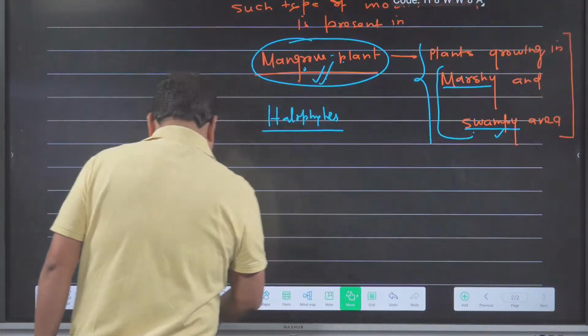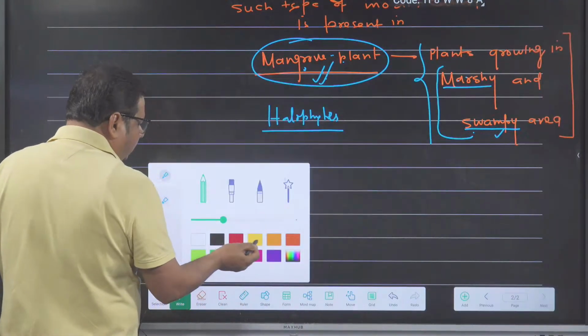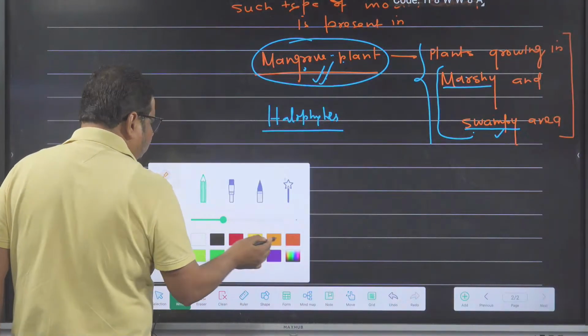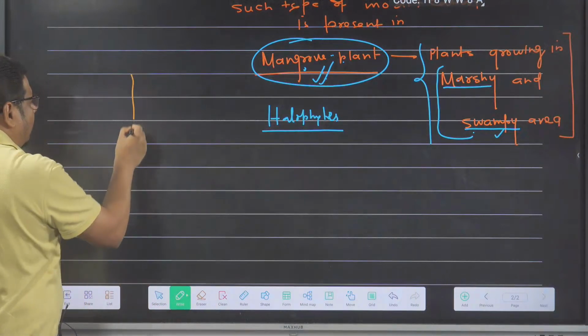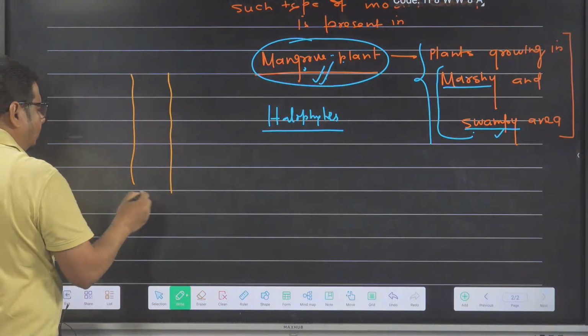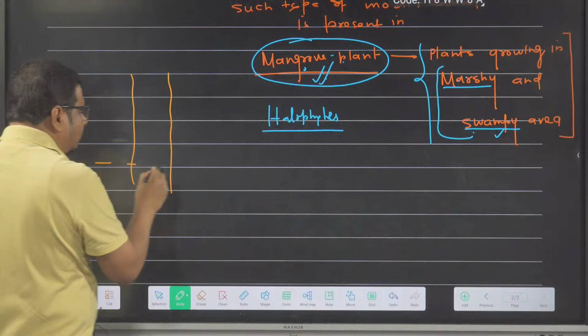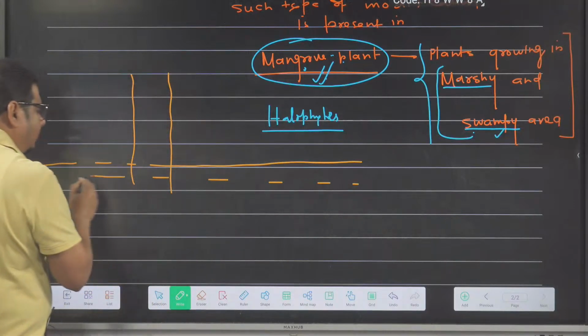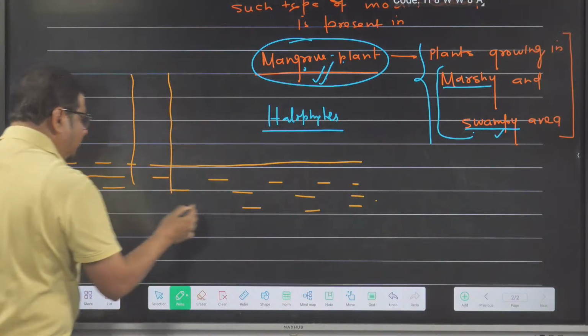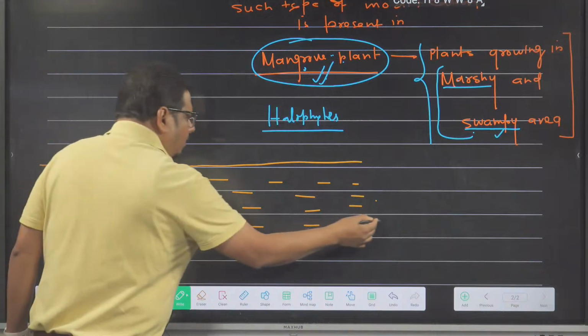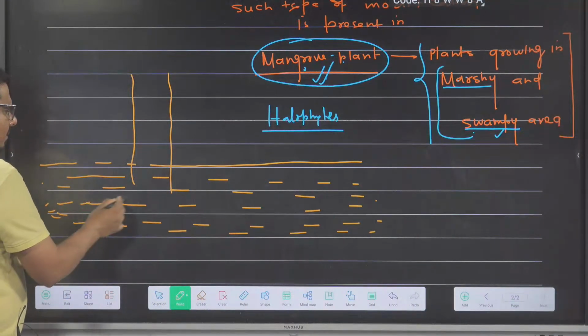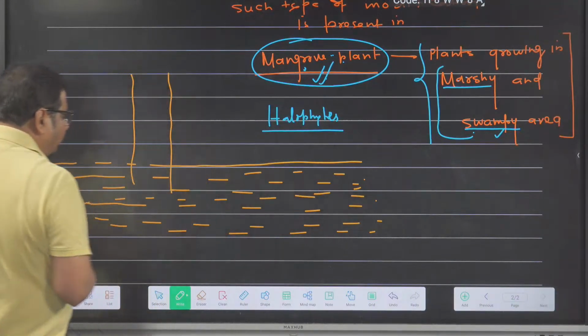Now just try to understand how they adapted to survive in this condition. Suppose that this is a trunk or stem of the mangrove plant and it is a marshy area. These are all swampy and marshy areas, always wet soil, saline environment. Got the idea?